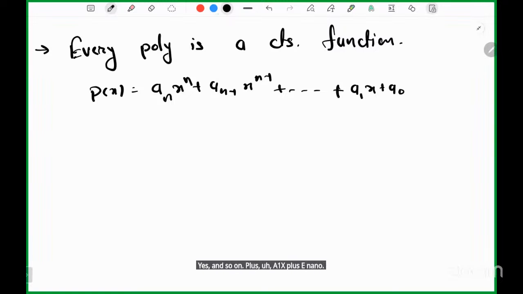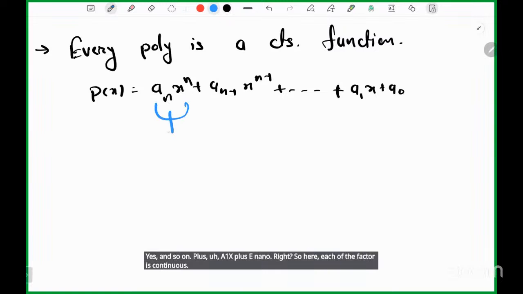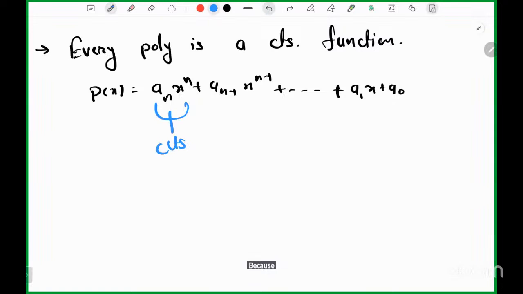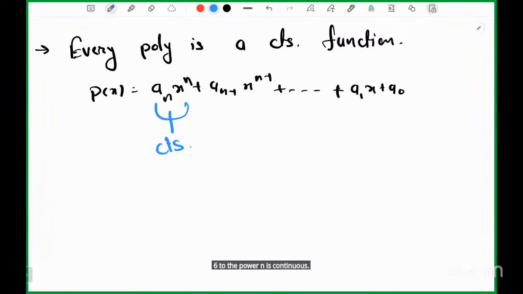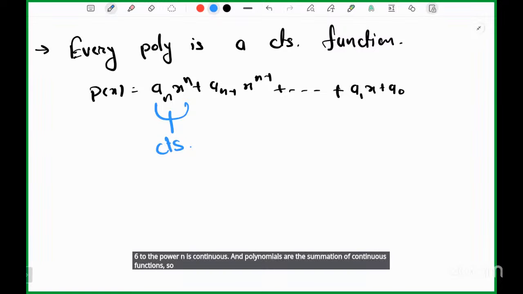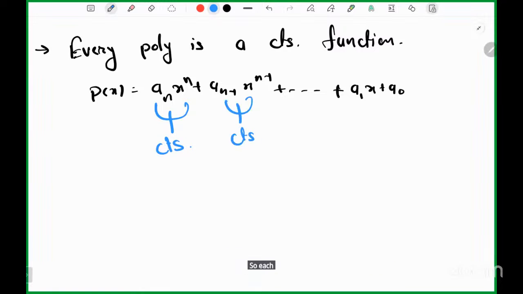So here each of the factors is continuous, right? This is continuous because it's simply x to the power n function, and x to the power n functions are continuous because you can also say that since x function, the identity function, is continuous, so x to the power n is continuous, and polynomials are just summation of continuous functions, so they are continuous. So each of them is continuous. So that's why p of x will become continuous.